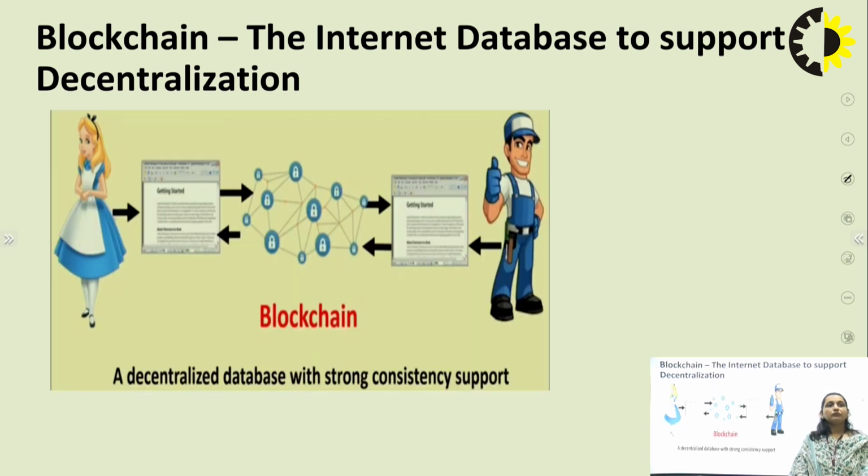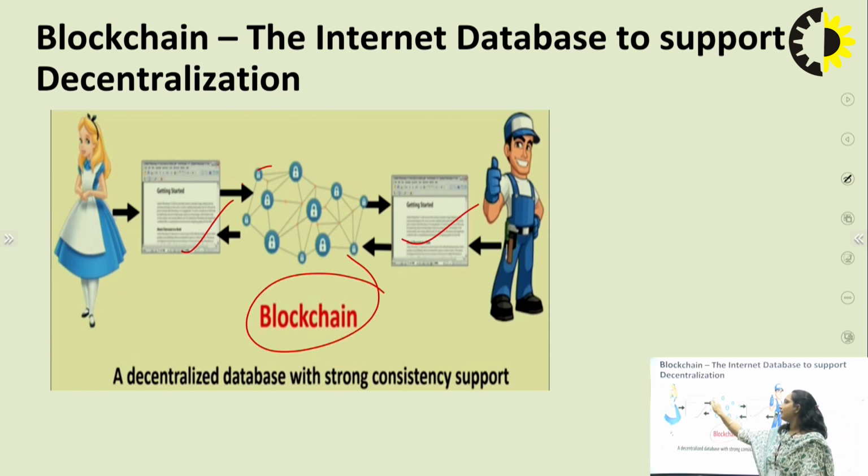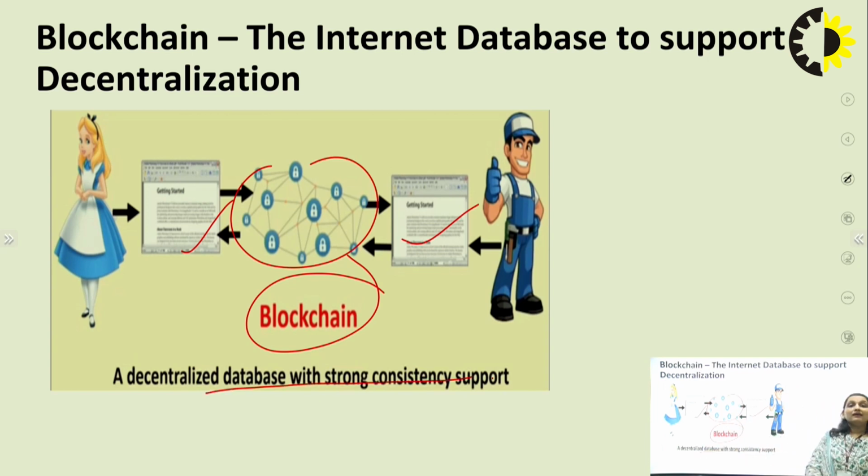So this is the solution given by a blockchain: Alice has a local copy, Bob has a local copy, and the blockchain is used in the network as a decentralized data structure with strong consistency support, because it is immutable. This is a feature of the blockchain.